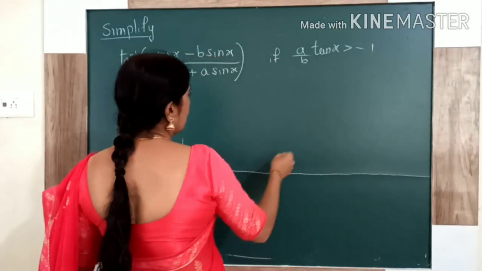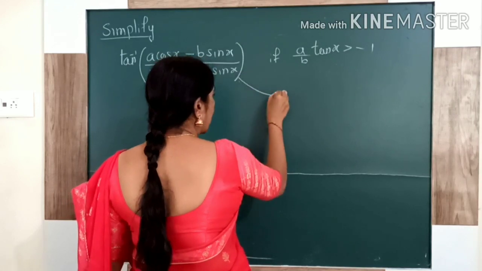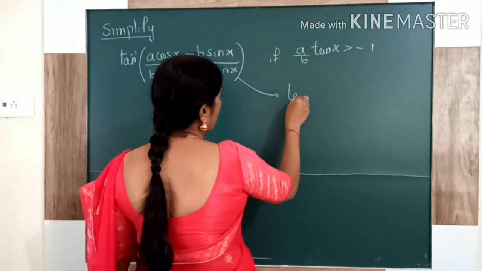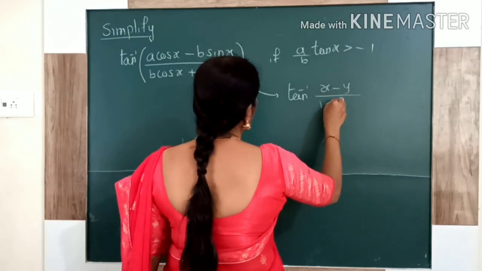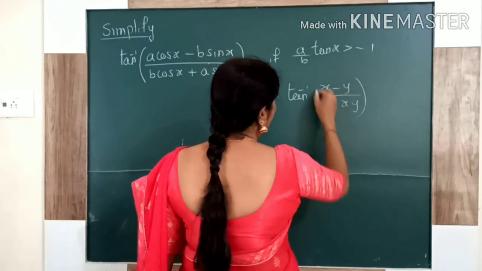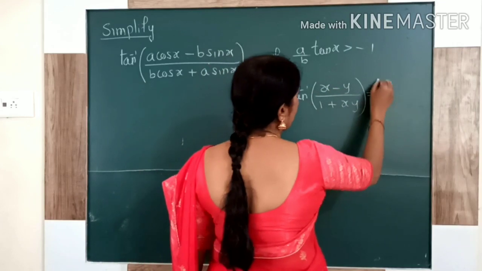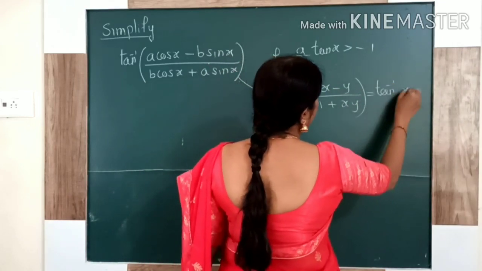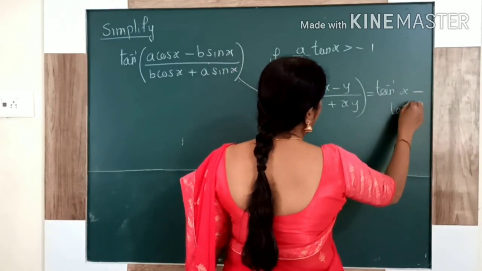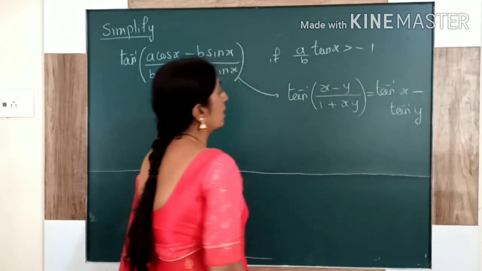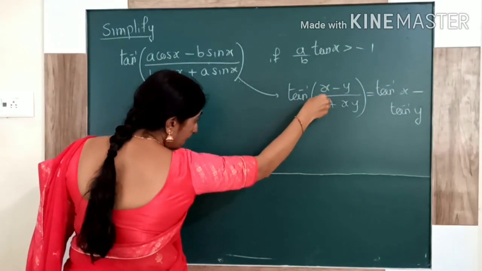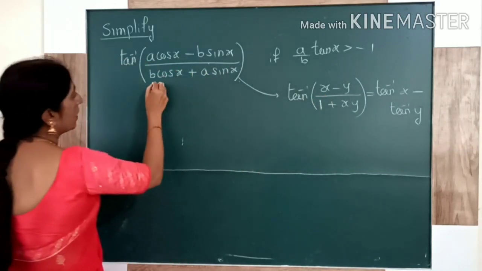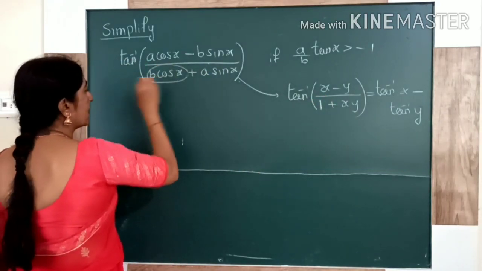Instead of this method, try to write this whole problem in the form of tan inverse of x minus y upon 1 plus xy, because this we can split as tan inverse x minus tan inverse y. Here this formula gives you the hint. In the denominator the first letter is 1. We have to make this letter a 1.